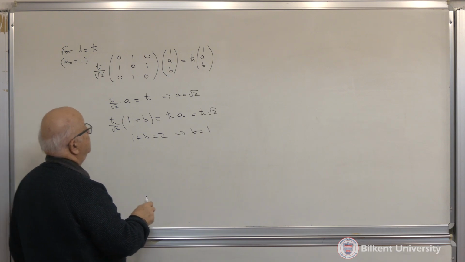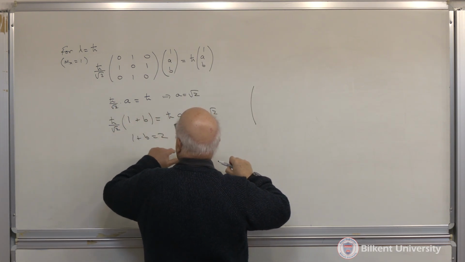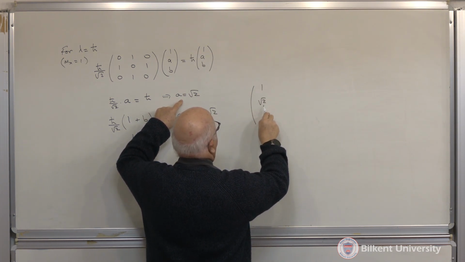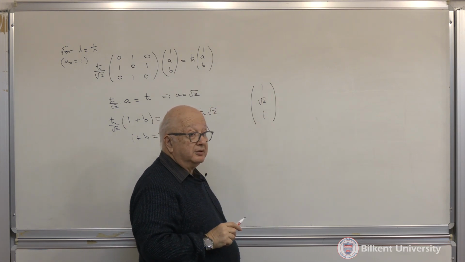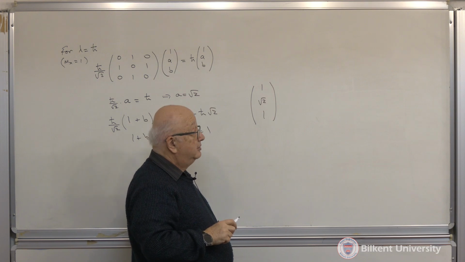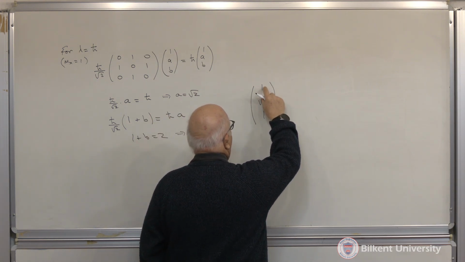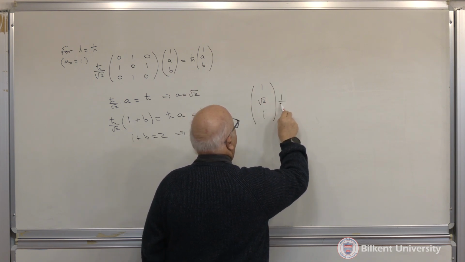All right, so this is now my new eigenvector, 1, square root of 2, 1. What's the normalization? 1 divided by 2, right? This is 1 plus 2 plus 1 makes 4. Square root of 4 is 2, so 1 over 2.